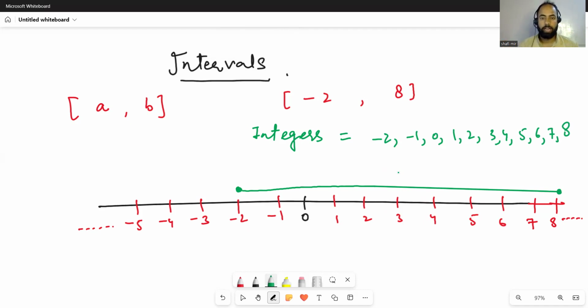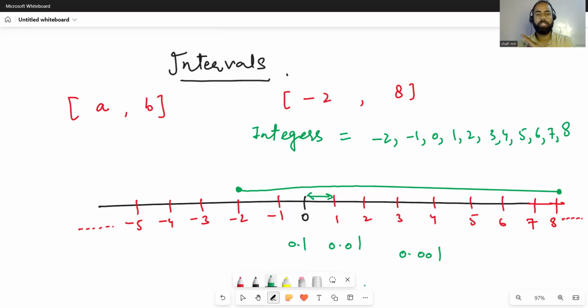But if we talk about real numbers, there are millions, because between 0 and 1 we have infinite real numbers, like 0.1, 0.01, 0.0001. So I can write millions of real numbers between 0 and 1. We can call them decimal numbers or rational numbers, or in short, real numbers.